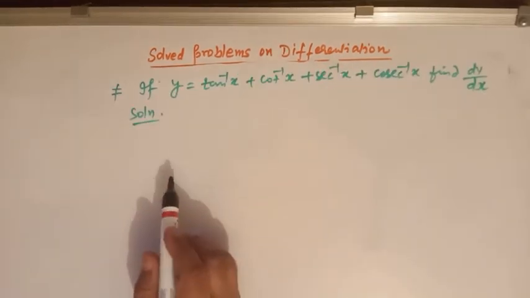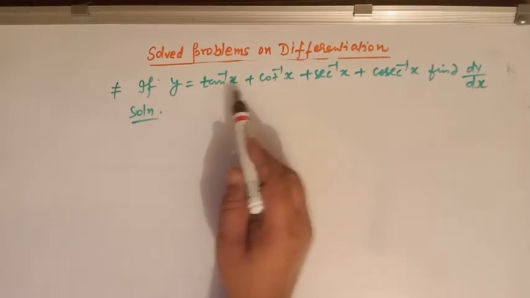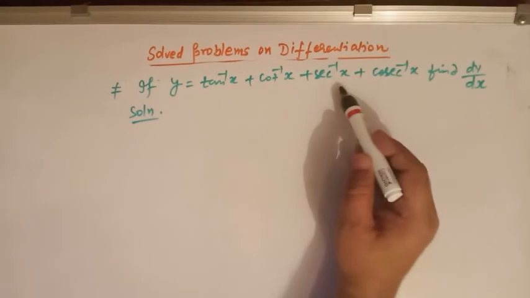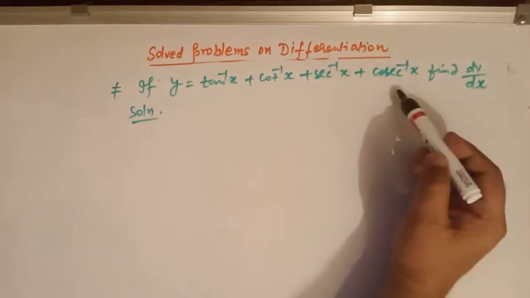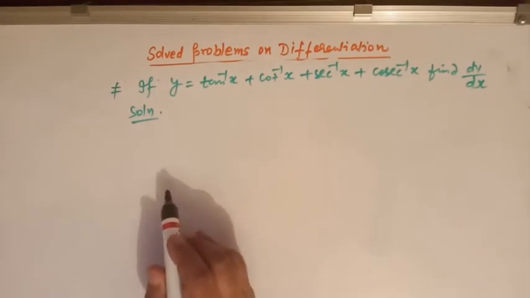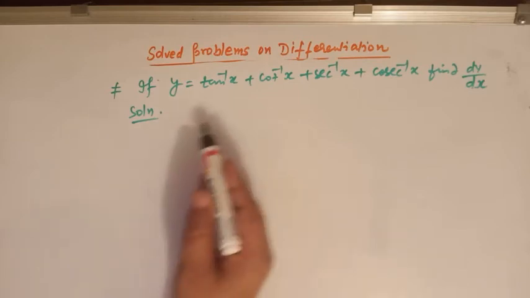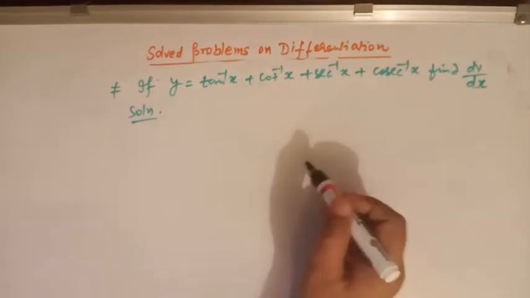Now viewers, we have a very interesting problem here. If y is tan inverse of x plus cot inverse of x plus sec inverse of x plus cosec inverse of x, we have to find the derivative of y with respect to x. At first glance this problem may seem very difficult.